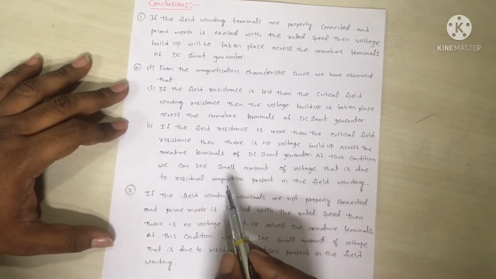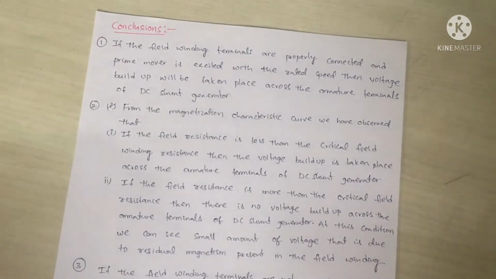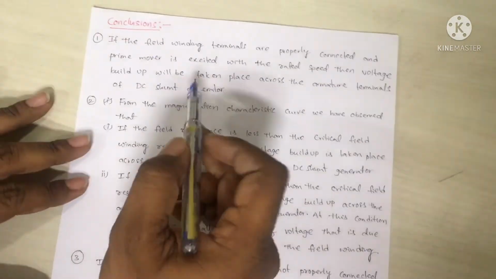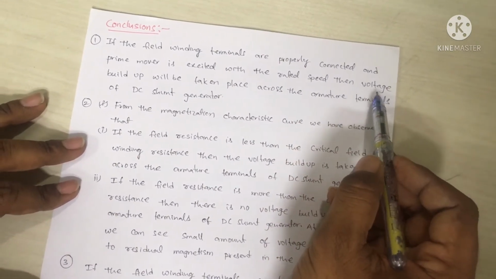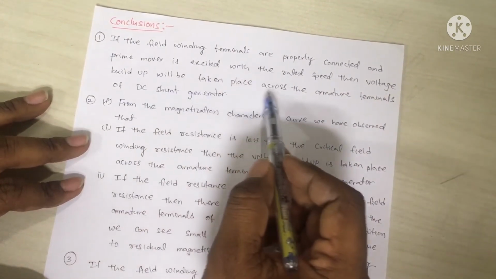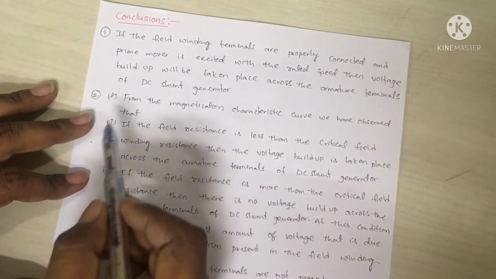From this experiment, we can conclude that if the field winding terminals are properly connected and the prime mover is excited with the rated speed, that is 1500 rpm, then voltage buildup will take place across the armature terminals of the DC shunt generator.